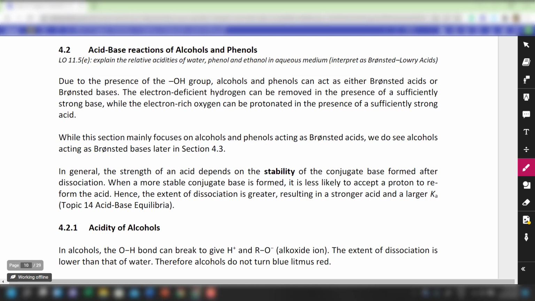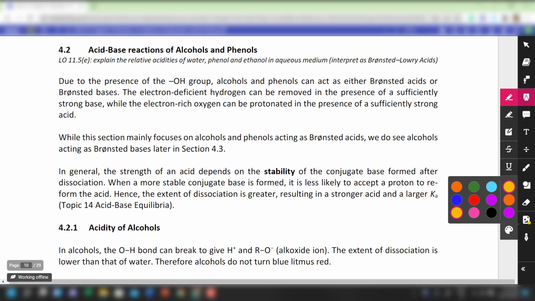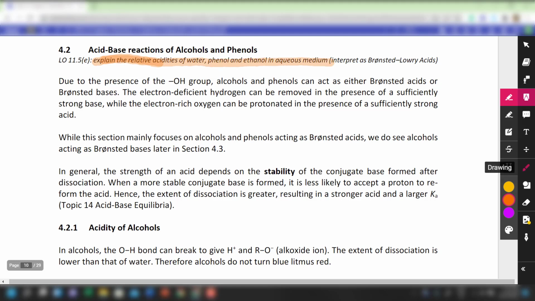Yeah, so in a learning objective that's explicitly mentioned, you need to know how to explain the relative acidity of water, phenol, and ethanol in aqueous medium. Okay, you're supposed to compare them.